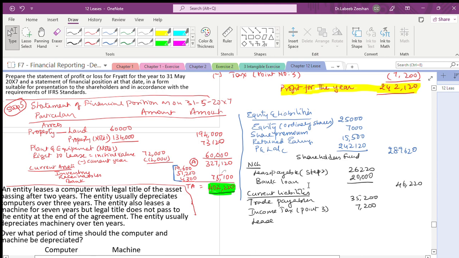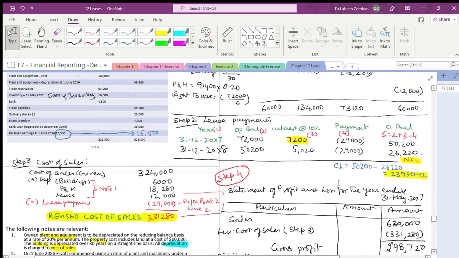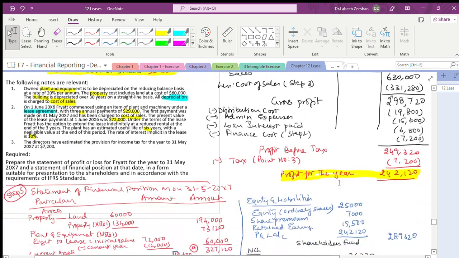You have lease. Step 2. How much is the lease current liability? Step 2. 23,980.